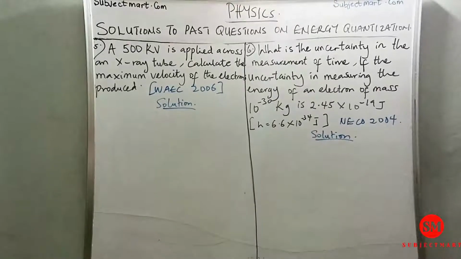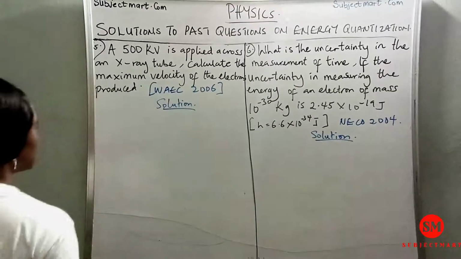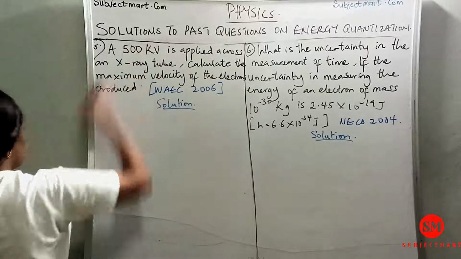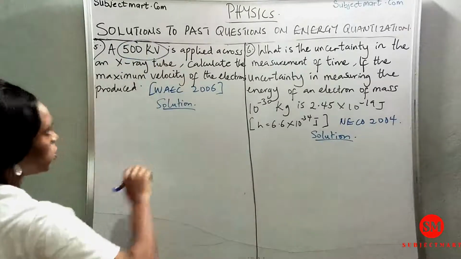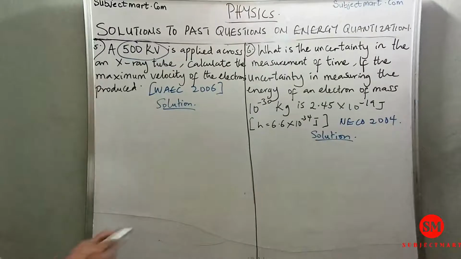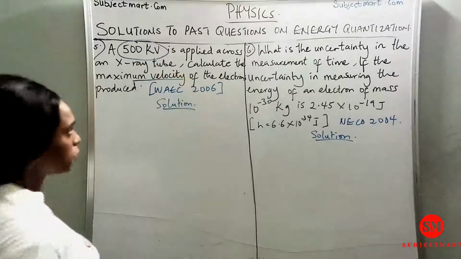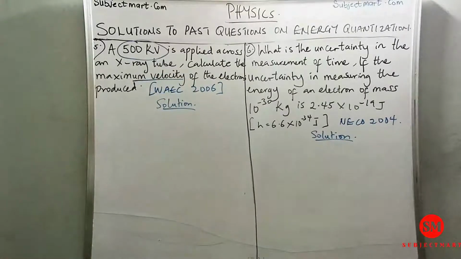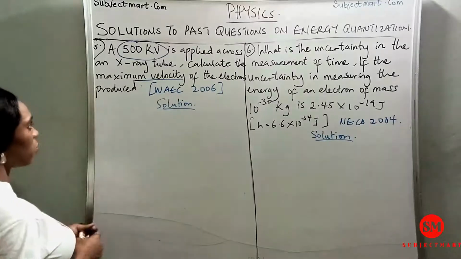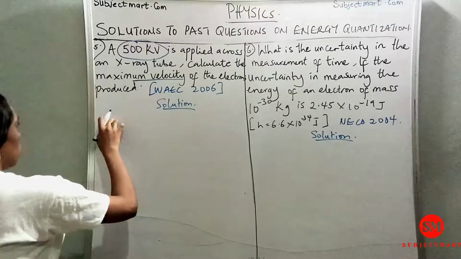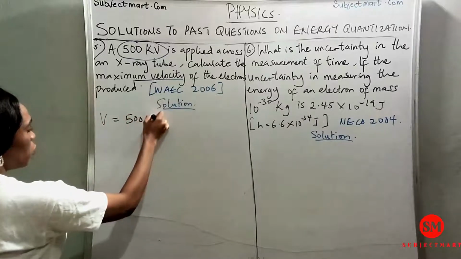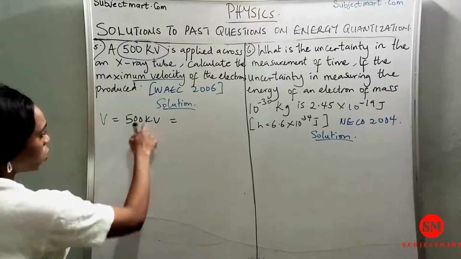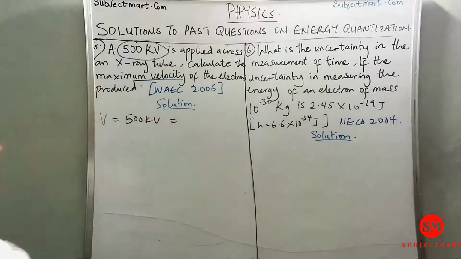Question 5 says a 500 kilovolts is applied across an X-ray tube. Calculate the maximum velocity, Vmax. Okay, so from here we have 500 kilovolts. So if you change this, kilo is 10 raised to power 3.